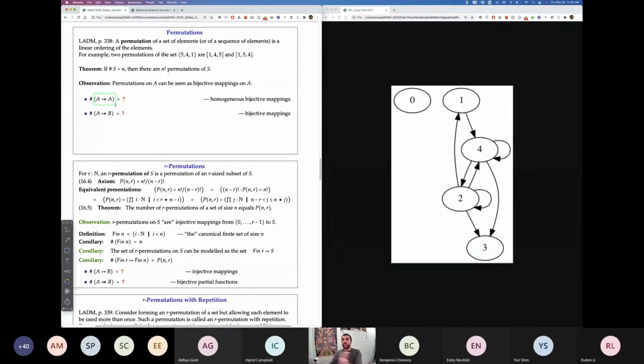We said it's the number of ways to arrange n many people in a line. That is to say, it's the number of bijective mappings between fin n and the number of people. So we just said believe me a few times, and we tried to convince you. But now that we have set theory and quantifiers, we can actually prove these things and then formalize them.